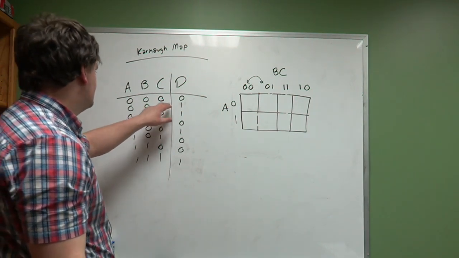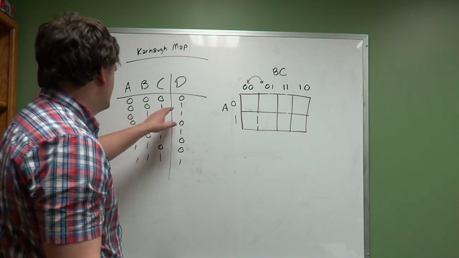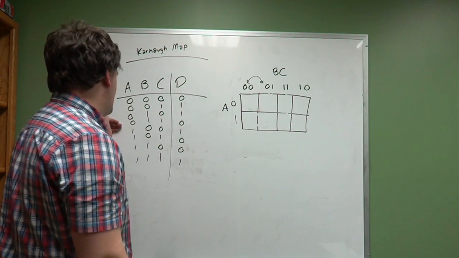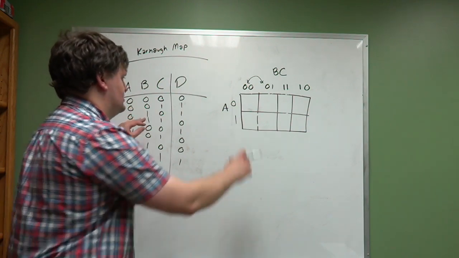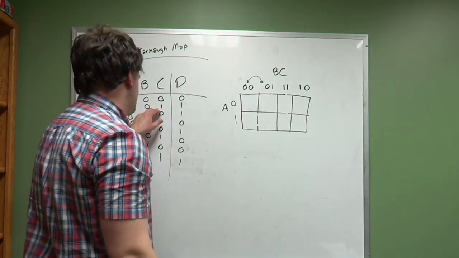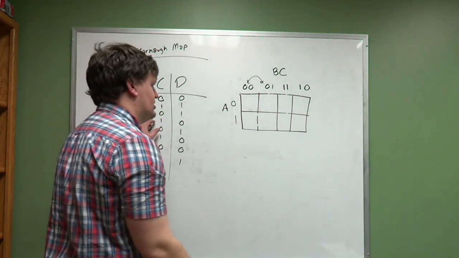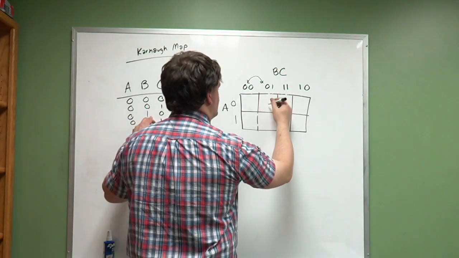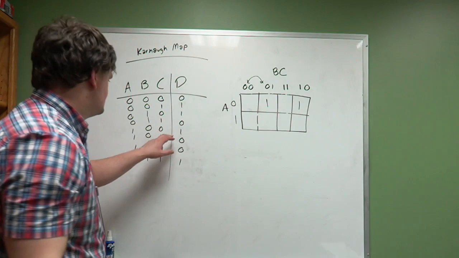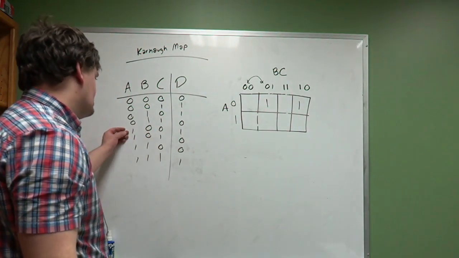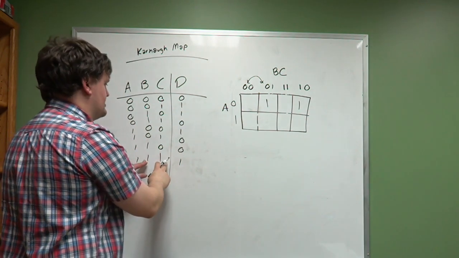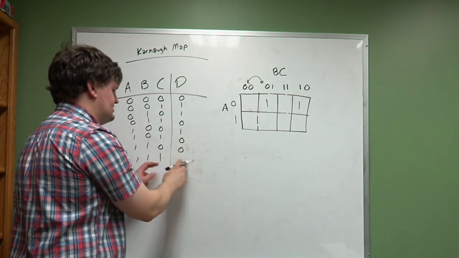So here, table 1, when A is off column, this one right here, and the C on and B on, we have 1. 1 here, we have 1 here. Okay? Similarly, here, in the on column, they're both off, or they're both on, both B and C off, both B and C on.